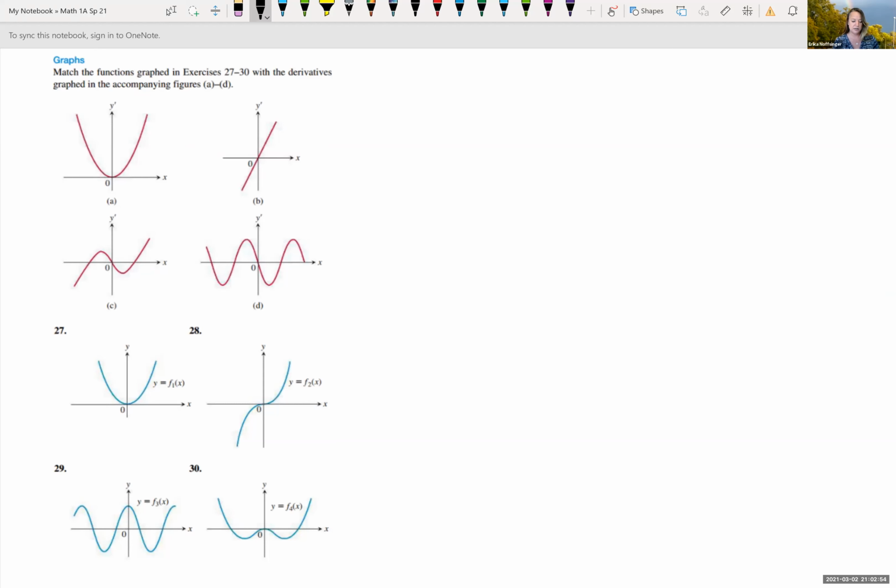And so when you're doing this, it's really helpful to find when our function is increasing and when our function is decreasing. And so we know that f prime of x is greater than 0, so that derivative is positive, when f of x is increasing.